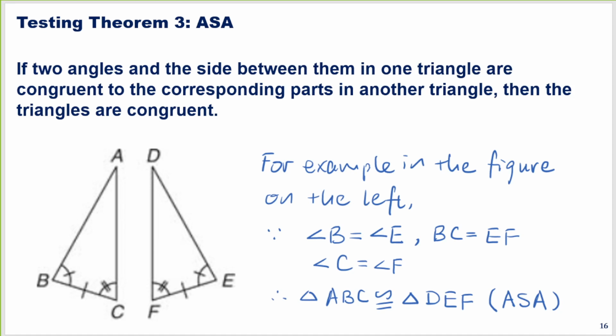For example, in the figure on the left, angle B equals angle E, BC equals EF, and angle C equals angle F. Then we can say triangle ABC is congruent with triangle DEF by ASA. Angle, and the side in between of the two angles. Did you get it?